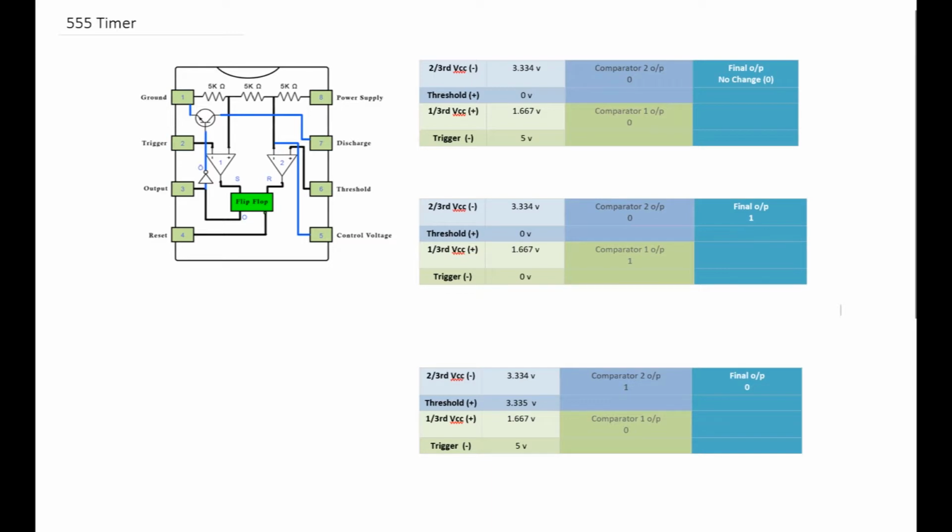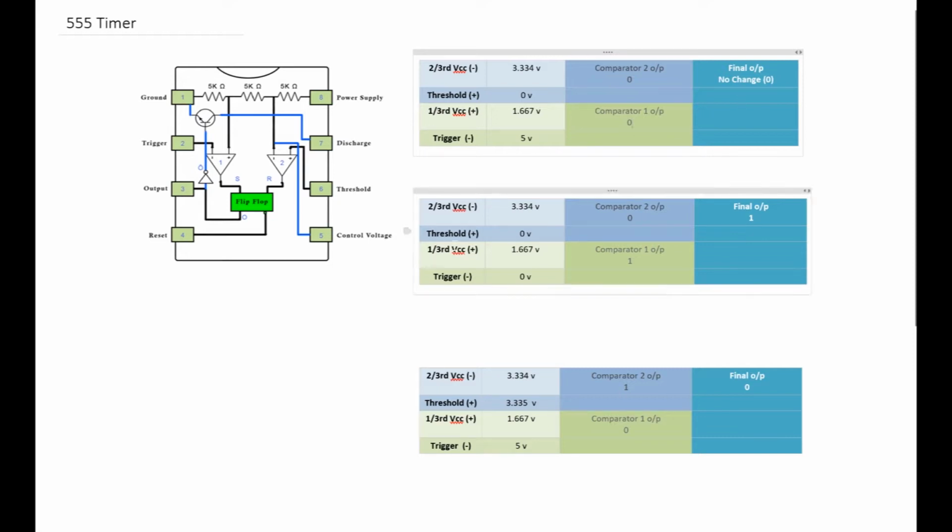The left comparator has an input of 1/3 VCC, which is equivalent to 1.667 volts, on the non-inverting terminal. The inverting terminal has the input equal to the trigger, and we had set that to VCC when we are not pressing the button. And the comparator, because it's comparing 1.667 volts with 5 volts, would give us an output of 0.